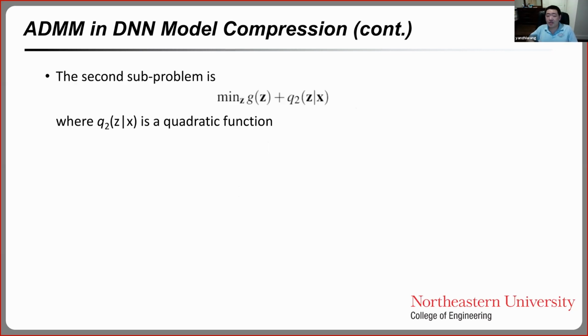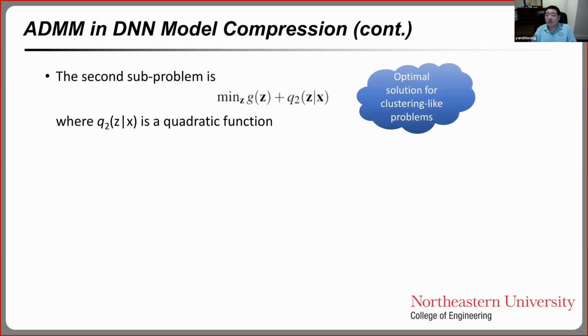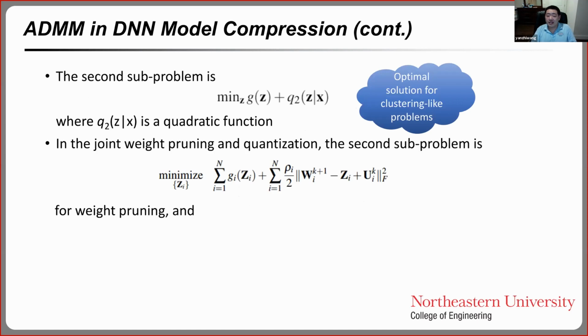The second subproblem is: minimize g(x) plus a quadratic term q2 of x and z, given x. Here we are given x, and we want to find z. In weight pruning, the second subproblem is given here: we are given w and we find z.